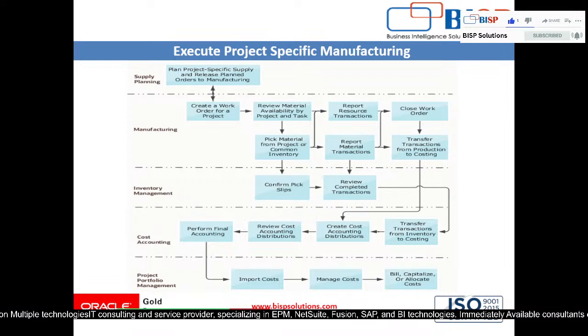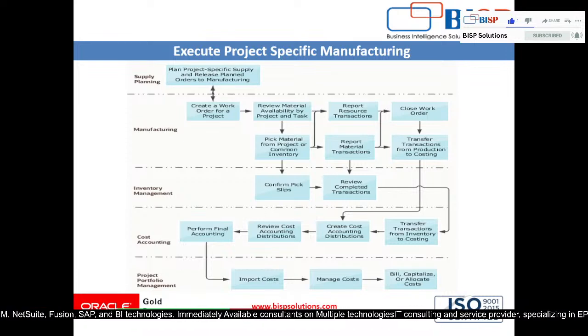This project driven supply chain solution provides the ability to execute the project specific manufacturing by creating the work order and issuing the component from the common and the project specific inventory, put away and manufacturing, right? We can purchase the outside processing services, procure the material directly from the project specific work order, right? We can import the material and resources cost to the project. These are the project specific manufacturing tasks, right? We can execute in our manufacturing, right?